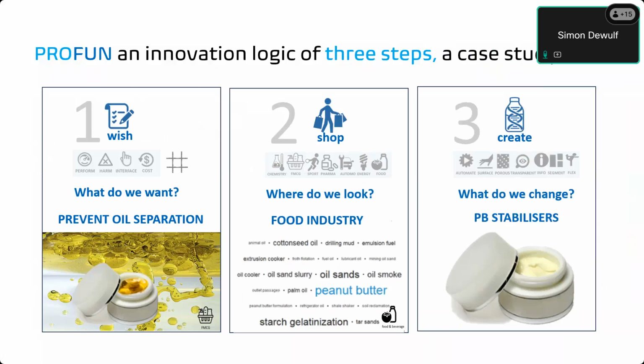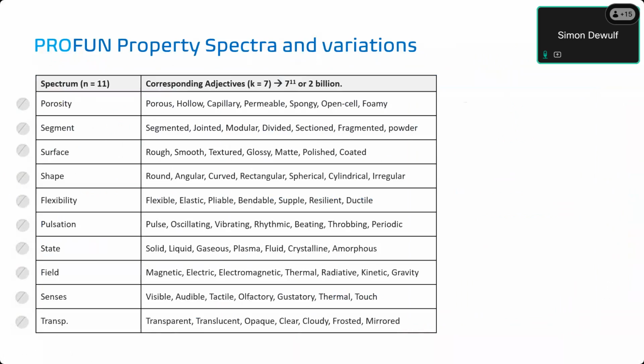So from the start, we could say profund, properties, function, spectra, and variations. We choose here a list of 11 properties that can be changed in your system. Now, if we think about 11 properties, every property basically is in a spectra of variations of that property.